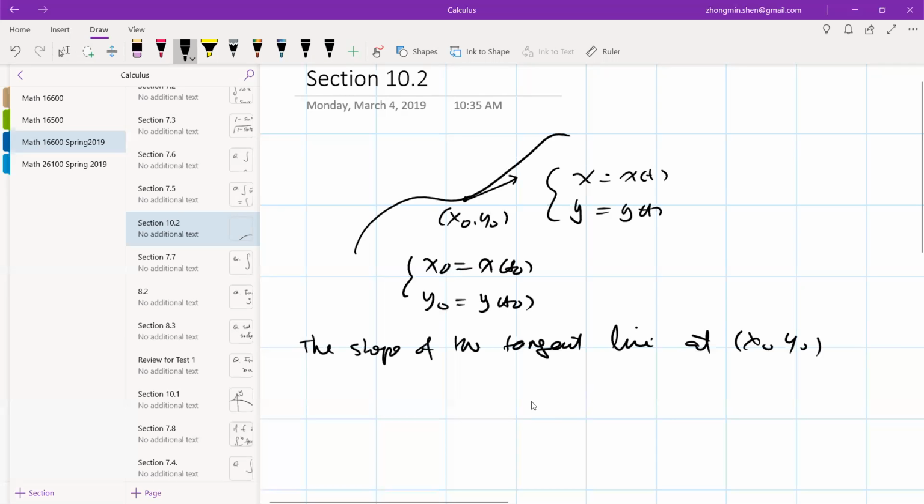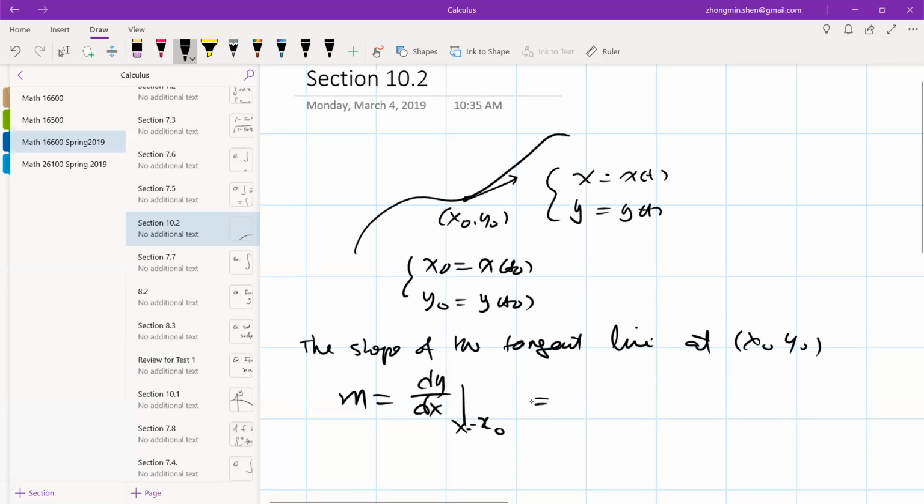If you can view it locally as the graph of a function, the slope is going to be dy/dx at x = x0. We view y as a function of x, but now there's a parameter describing x and y. But that's okay.